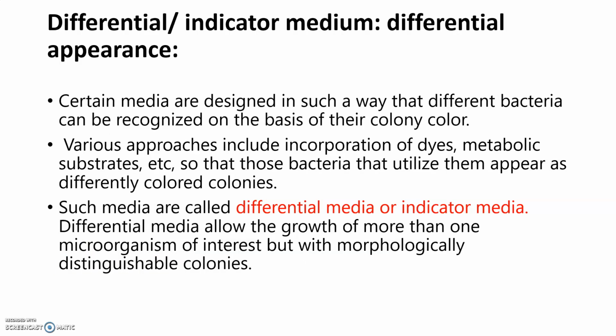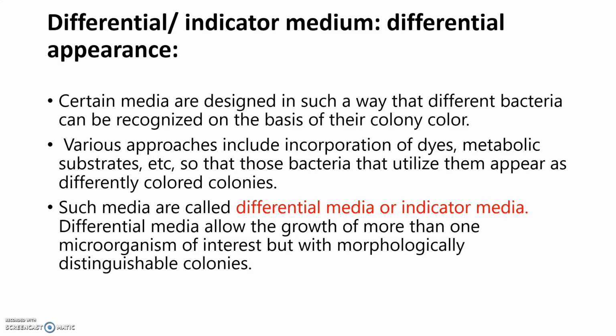Next is differential or indicator medium. Certain media are designed in such a way that different bacteria can be recognized on the basis of their colony color. So the differential media consist of certain types of indicators, which help in identifying which bacteria is present in that media.